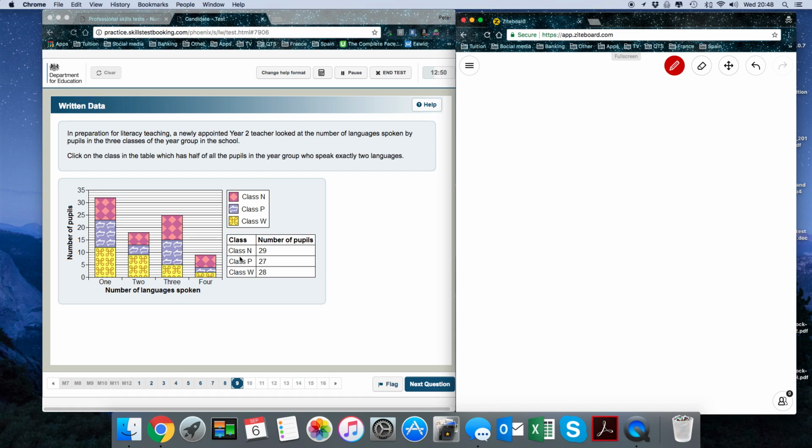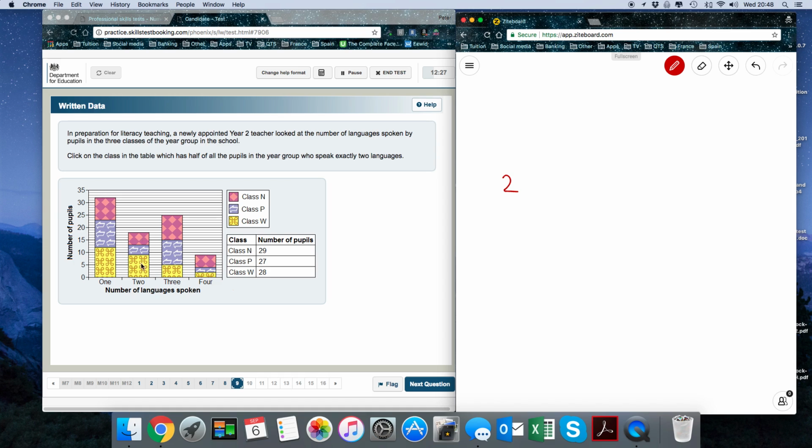This table here really isn't needed. What we need to do is, if you look at the statement, it says click on the class in the table which has half of all the pupils in the year group who speak exactly 2 languages. So you go and look at the chart, and you look at how many people speak 2 languages.